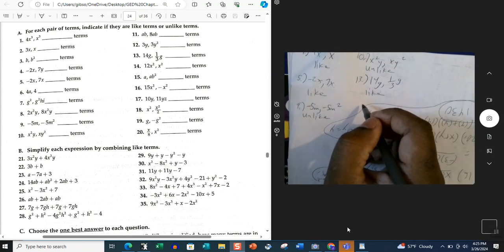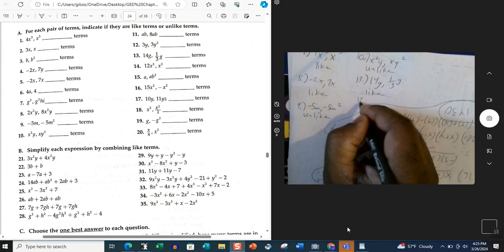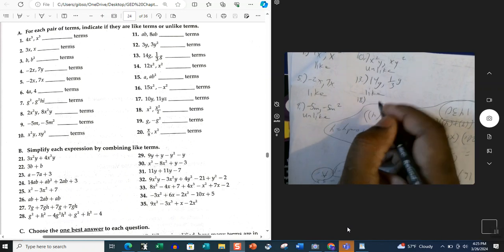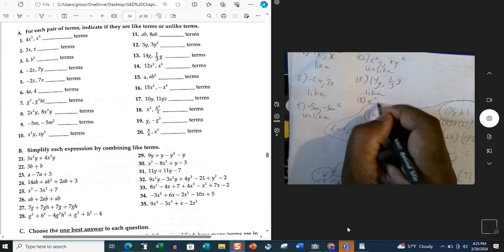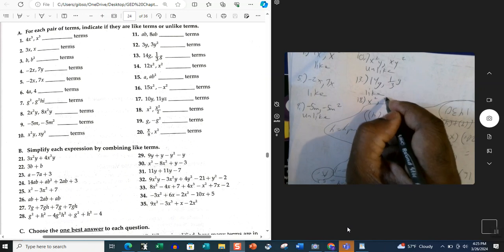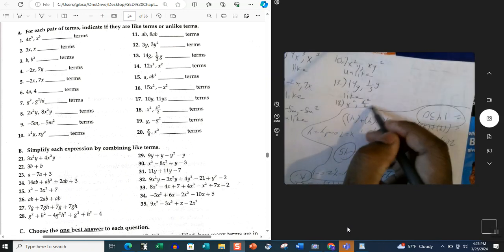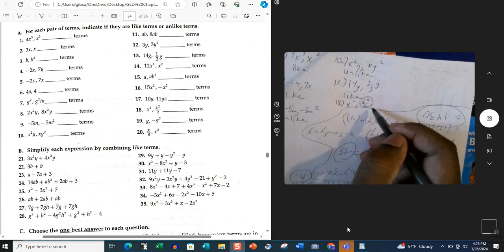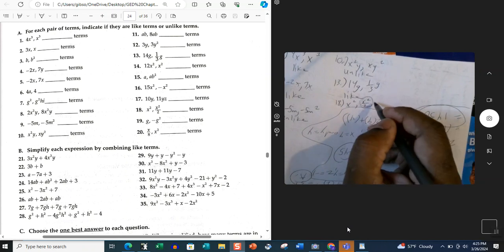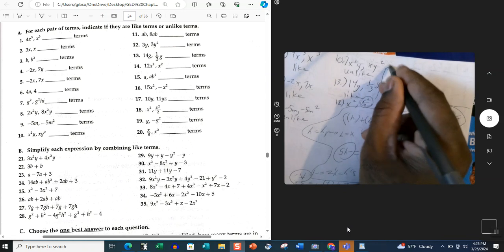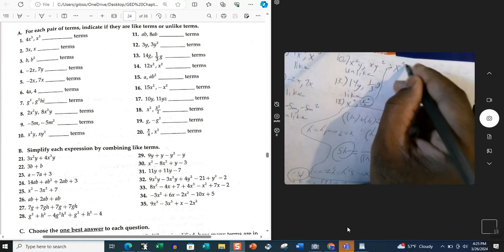Now, the last problem I want to do is 18. With 18, we have x squared, and then we have x squared over 2. Now, with this problem here, we must first separate this fraction here to see what it really looks like. So we still will have our x squared.